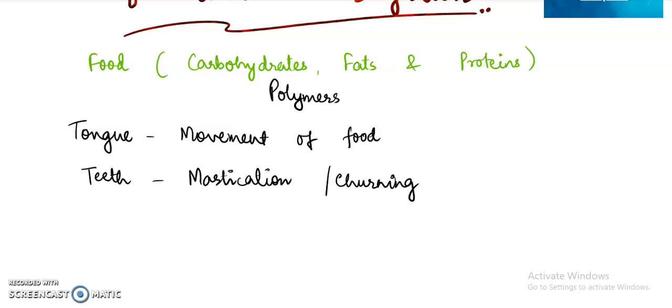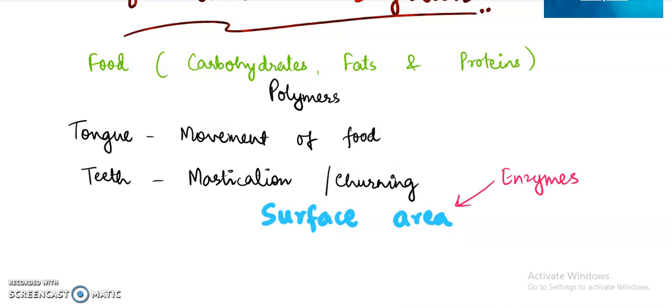Why is it required? Because the more you churn, the greater would be the surface area of the food and easier will it be for the enzymes to act upon such food. So you are doing churning to convert the larger food particles into smaller ones so that enzymes can act upon that food.